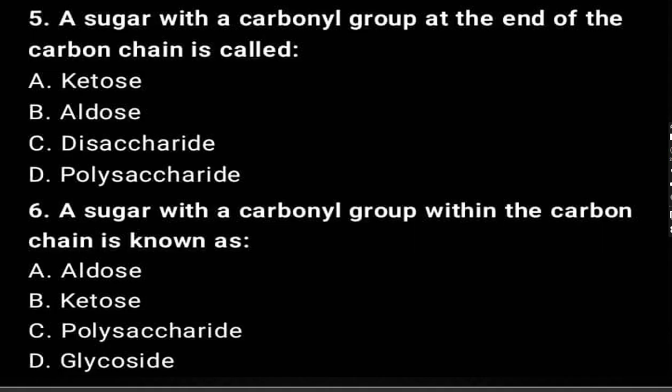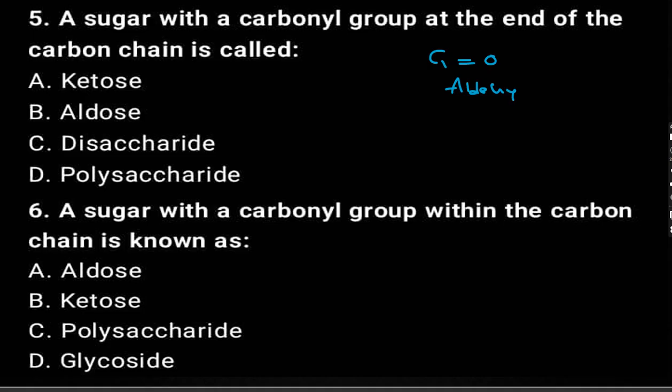All right, now let's talk about question 5. A sugar with a carbonyl group at the end of the carbon chain is called what? Okay, this is what I'm saying. If it is at the end, at the first carbon, it is called an aldose sugar, because this kind of carbonyl group is called an aldehyde.